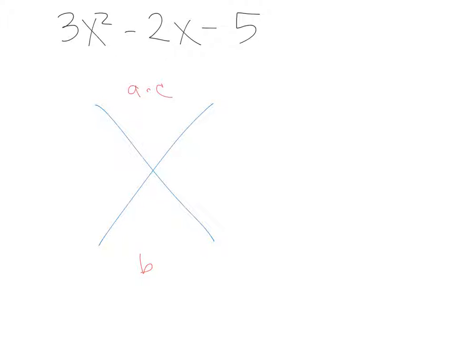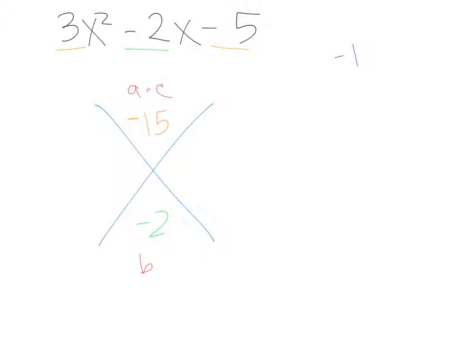So my A times C, 3 times negative 5, is negative 15. And our B is negative 2. So now we still need to figure out what multiplies to equal negative 15 and adds to equal negative 2. So let's look at our factors.